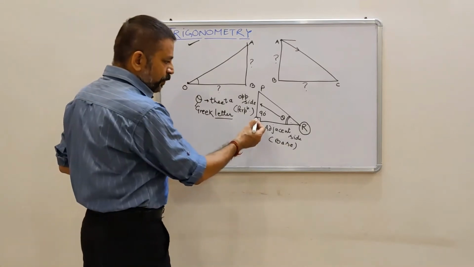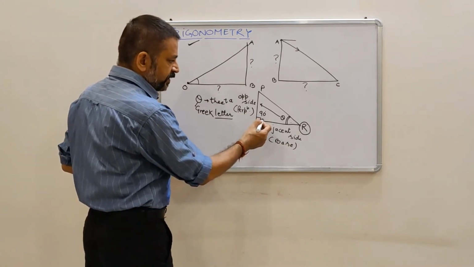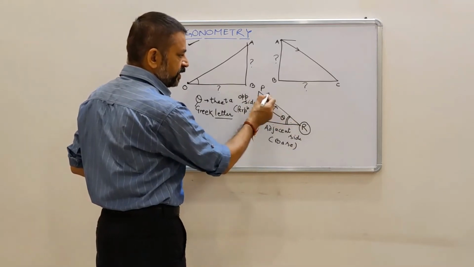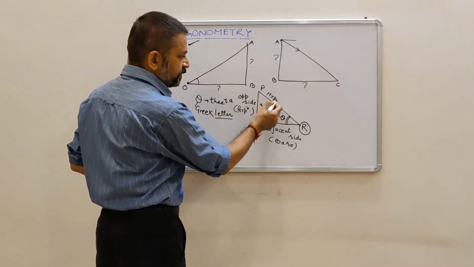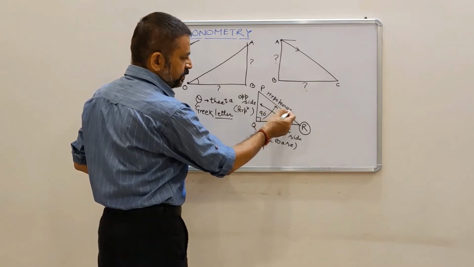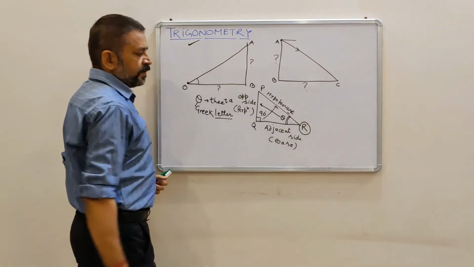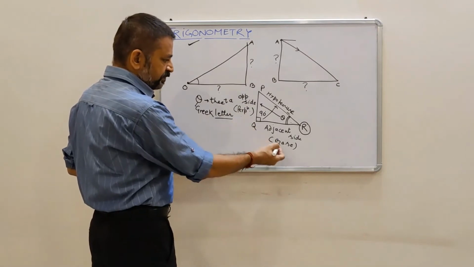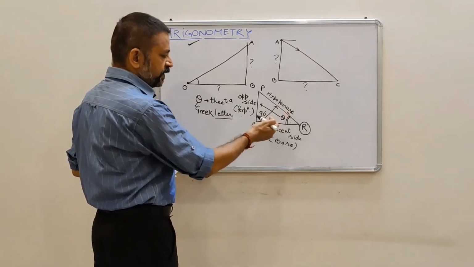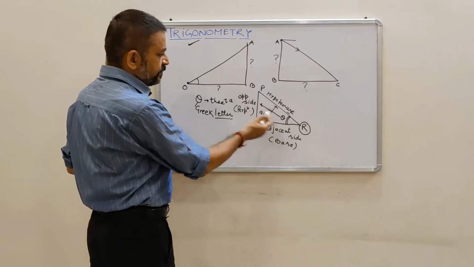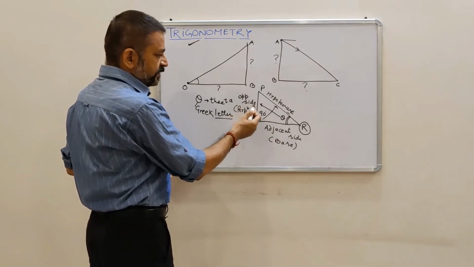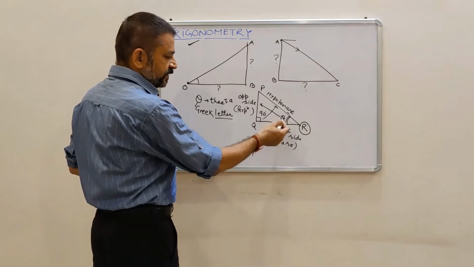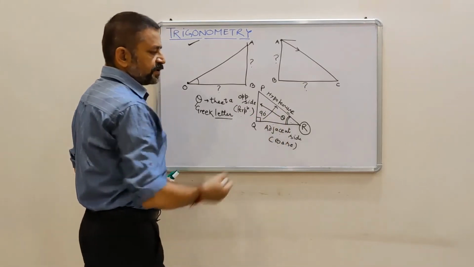And the side opposite to this 90 degree angle, which is the greatest side of the triangle, that is PR, is known as the hypotenuse. So now we have these three sides: perpendicular, base, hypotenuse, or you can term them as opposite side, adjacent side, and hypotenuse.